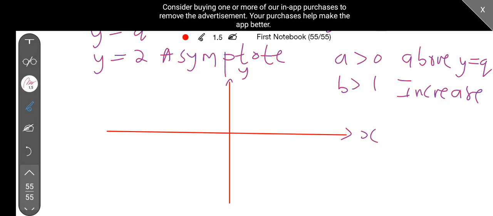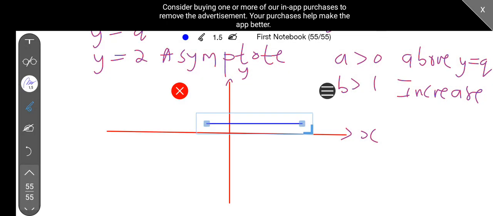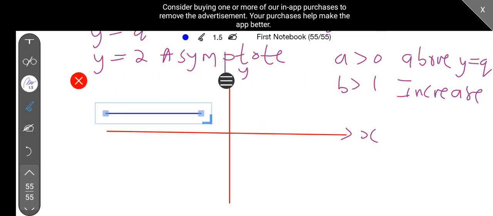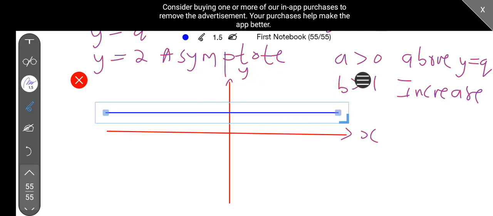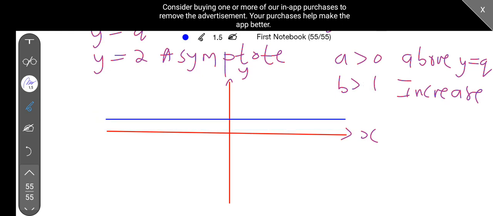Let me use a different color to represent the asymptote. Yes, the blue line represents the asymptote, the line of y is equal to 2.